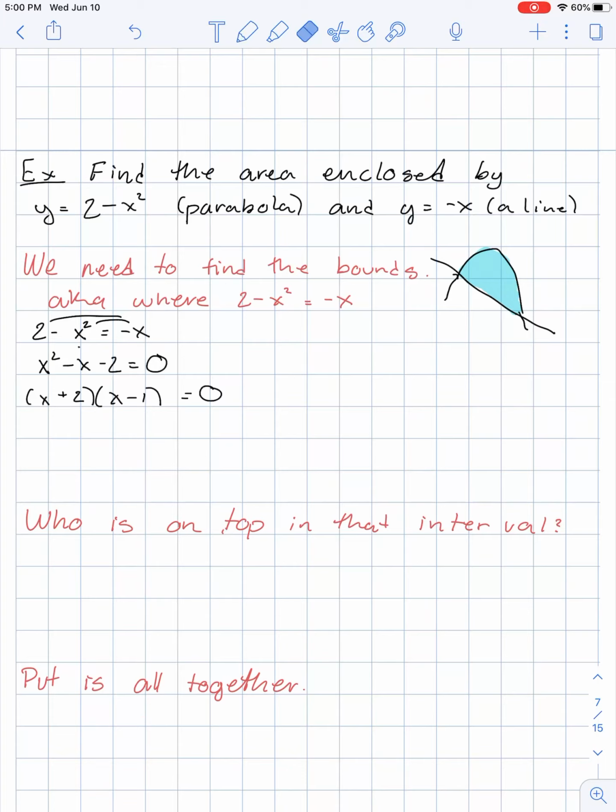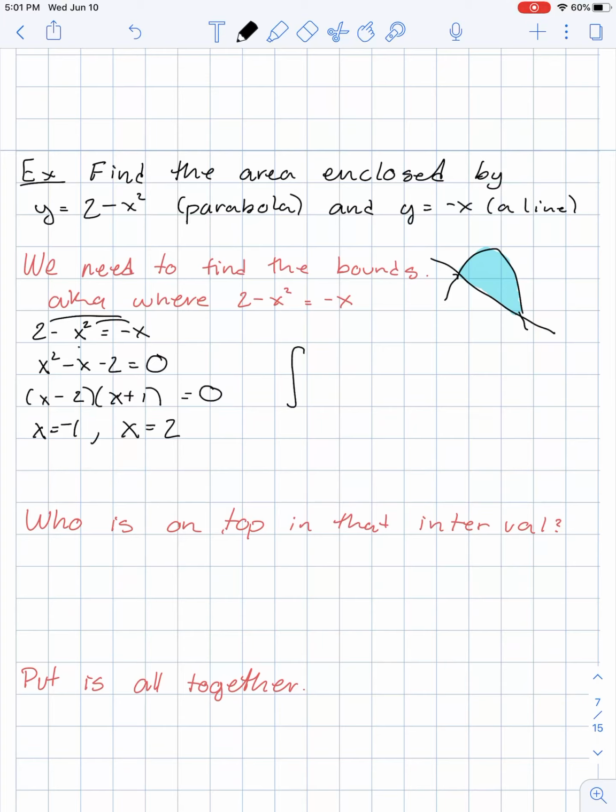Nope, that doesn't work. Let's do minus 2 plus 1. Yes, that works. Okay, cool. So that means that x equals negative 1 and x equals positive 2. All right, so those are our bounds.